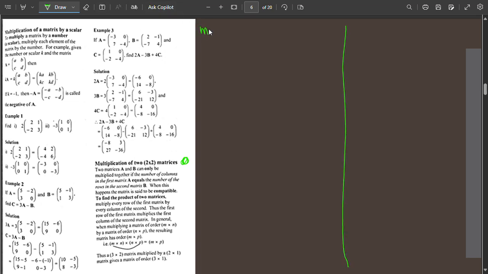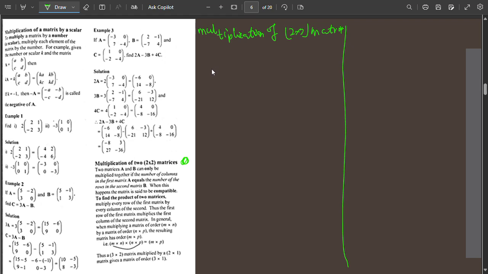So multiplication. Right, sorry for my multiplication of matrices.